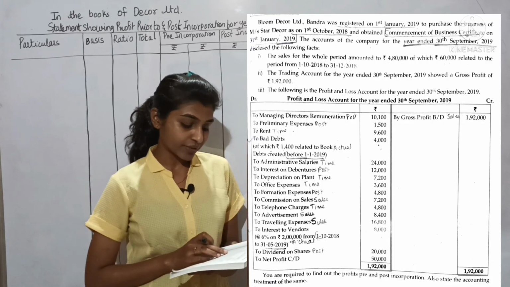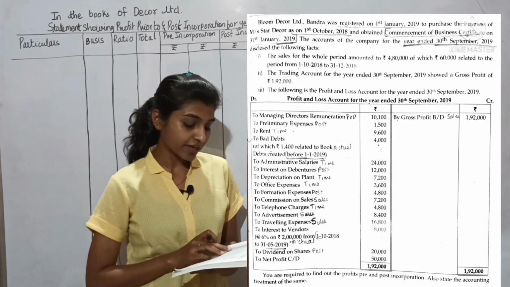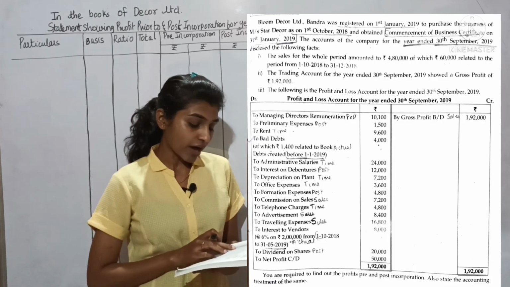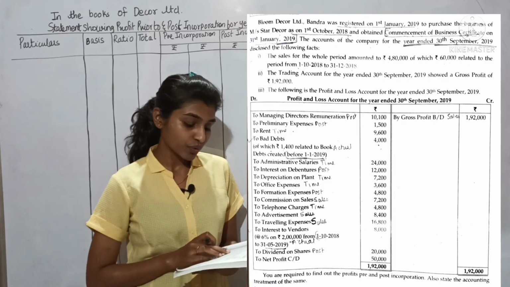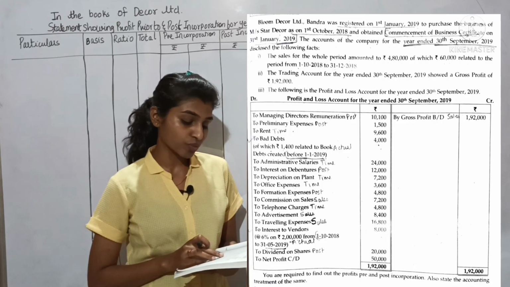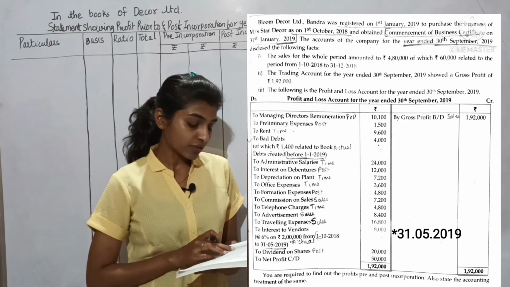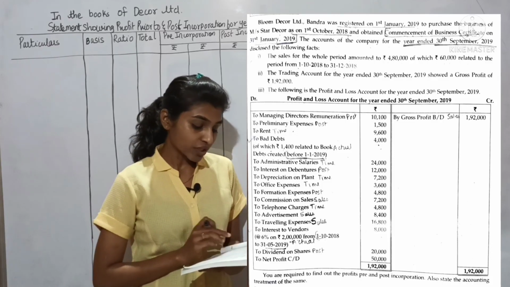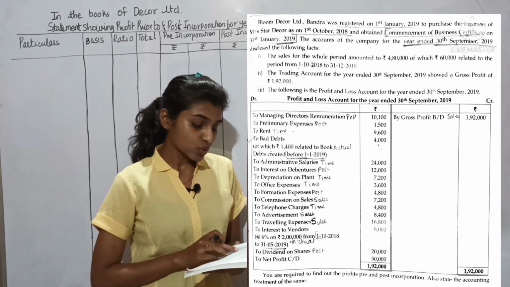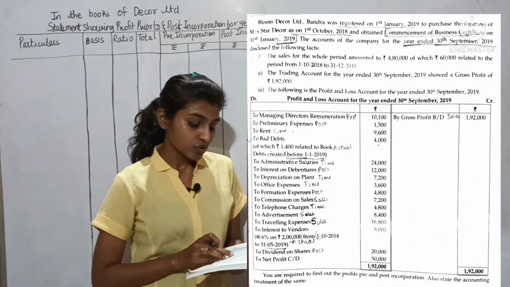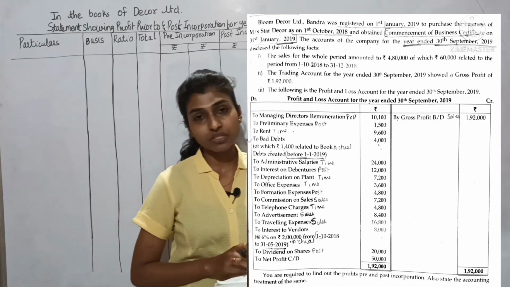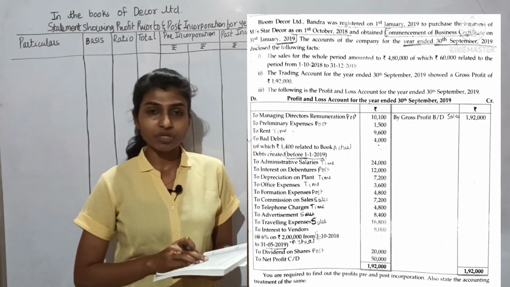Interest to vendor, and down they have said that at 6% on 2 lakh rupees from 1st October 2018 to 31st March 2019. So this is the hidden adjustment. So tick mark them. And last is dividend on share. So this expense we have to allocate on the basis of post.